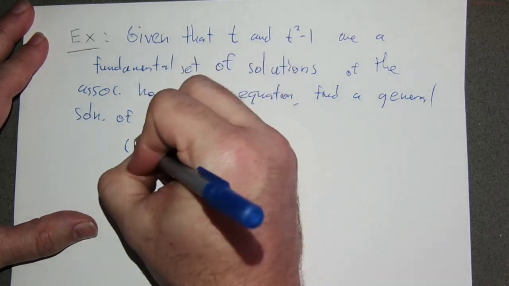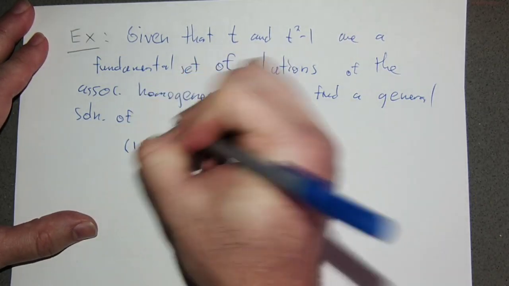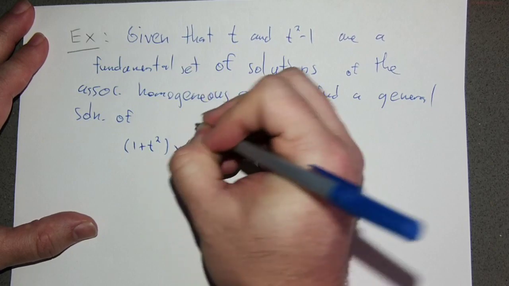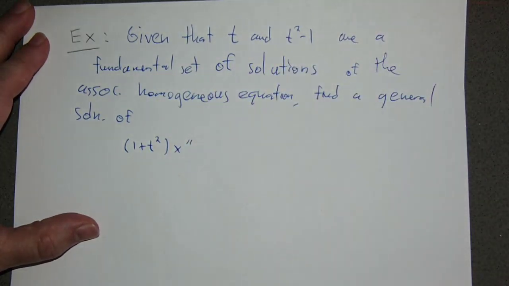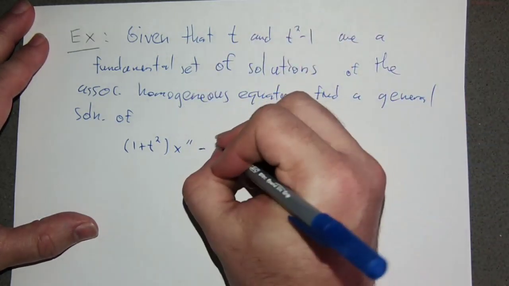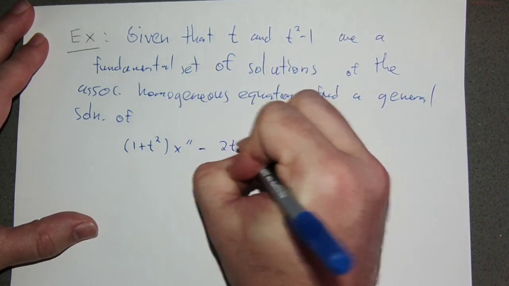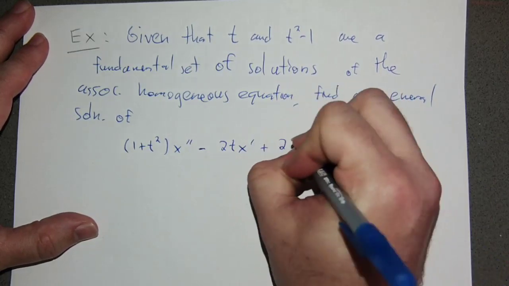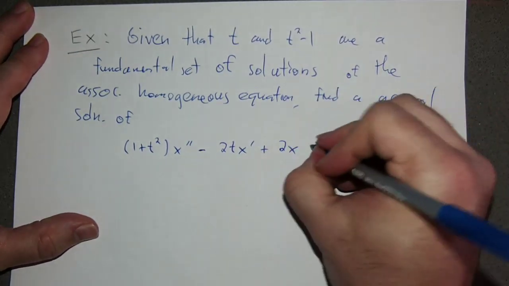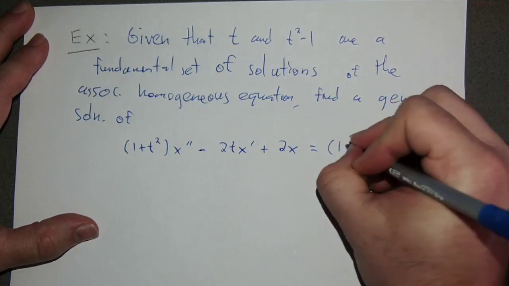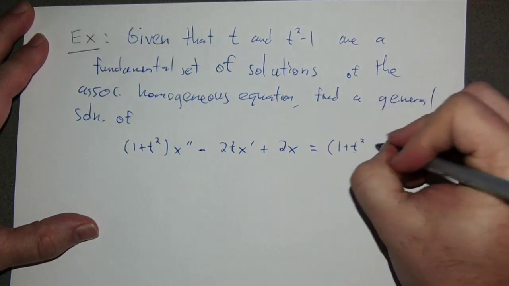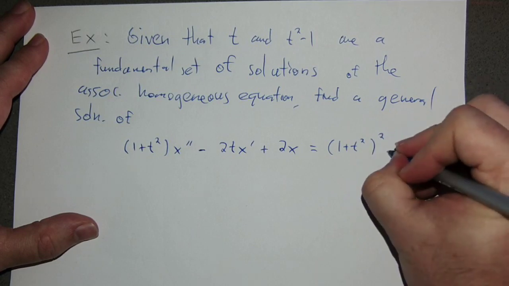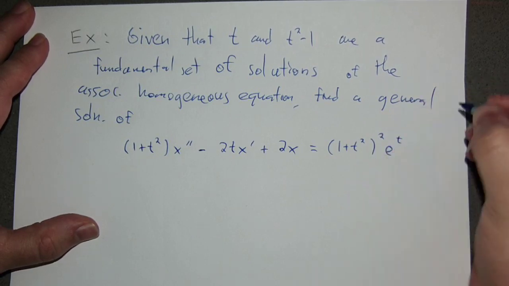So (1 plus t squared) x double prime minus 2t x prime plus 2x is equal to (1 plus t squared) squared e to the t.